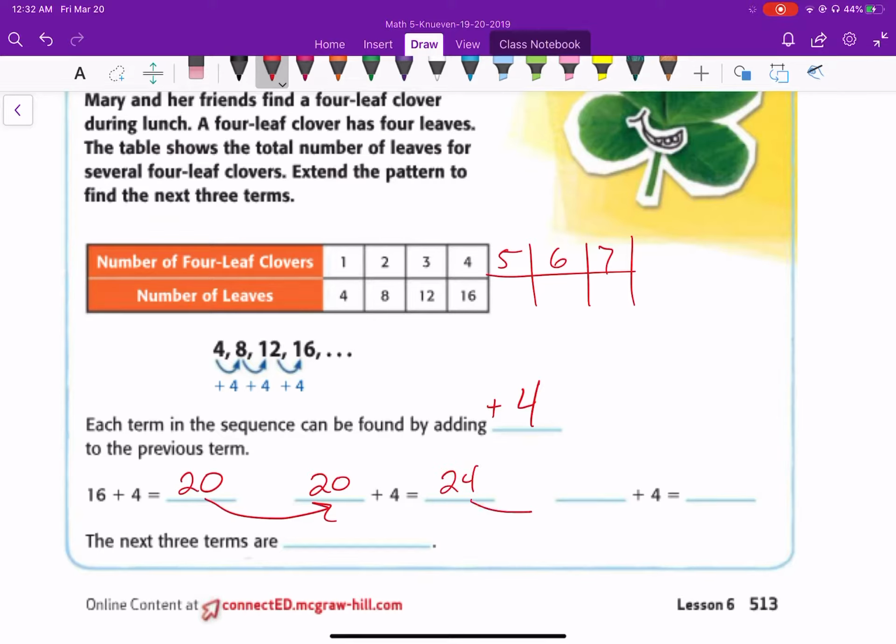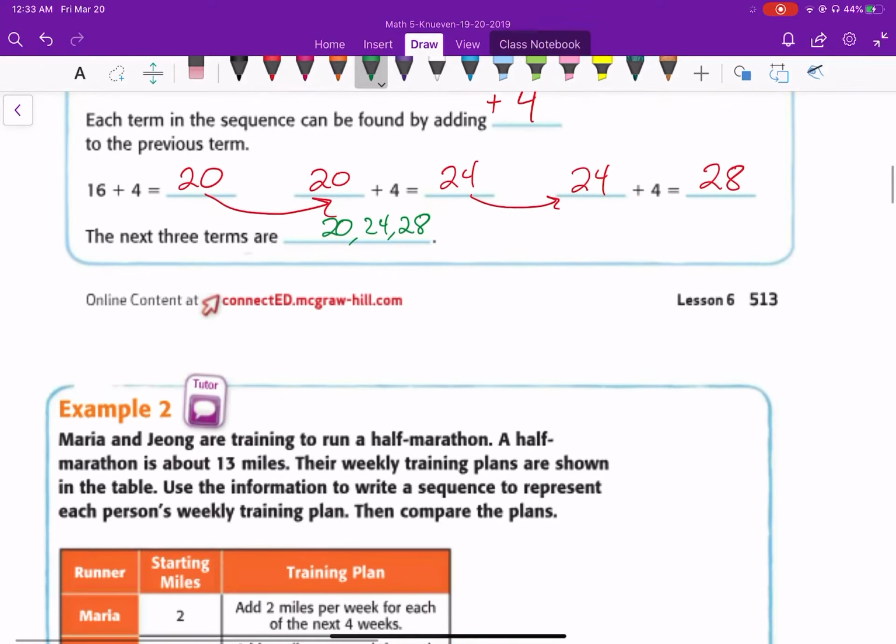Again, I take that number as the starting point. 24 plus 4 is 28. So the next three terms would be 20, 24, and 28.